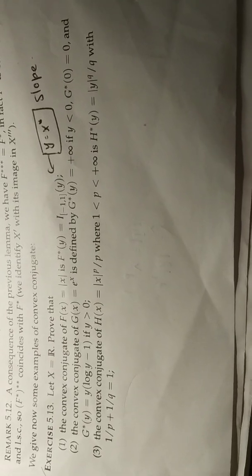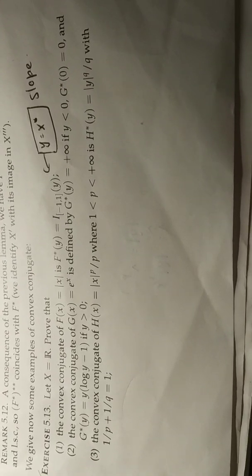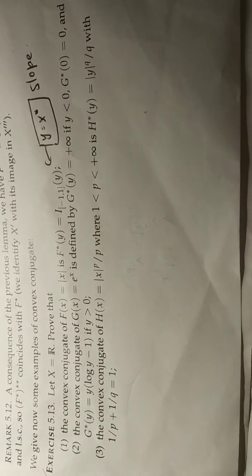I am giving you two examples. You can solve them and tell me if you have any difficulty. I will help you in the next videos if you tell me in the comments. Otherwise I will change my topic and go further.